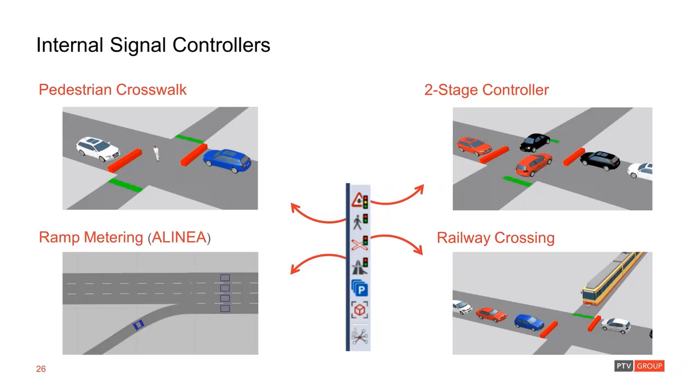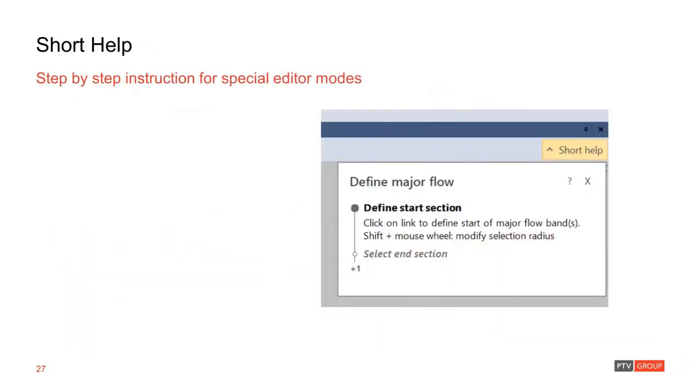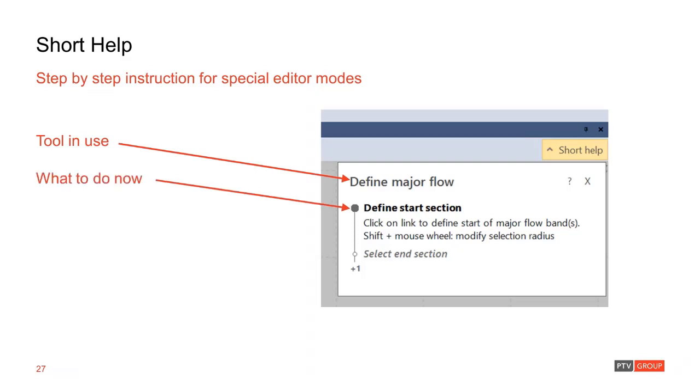And for this, there is a new short help window at the top right of the network editor window, and this includes a step-by-step instruction for those new special editor modes. So when you start one of those, you click on one of those icons in the vertical toolbar, you can always see what's the next action you have to do in the network editor.